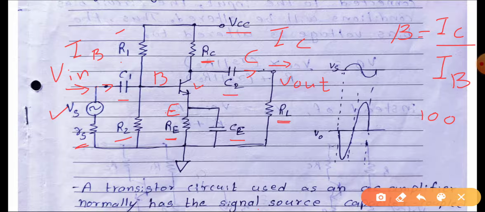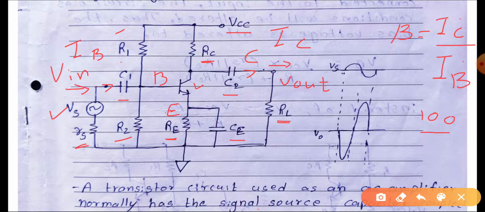So you can see the value of output current IC will be 100 times the value of IB. Just listen carefully. When the value of beta is 100, you can say that the value of IC will be 100 times the value of IB.